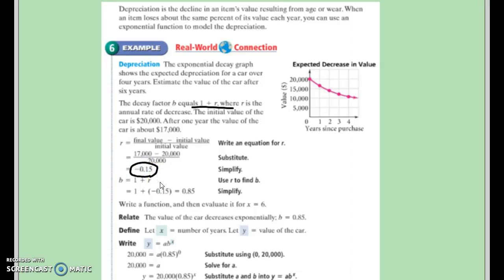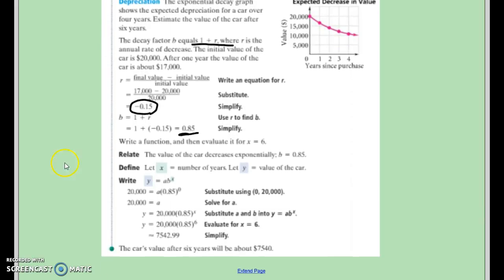And to find a decay factor, just how we found the growth factor in our previous lesson, it's 1 plus r. So my 1 plus r will give me a 0.85. This is what I'm using to write my function. So I know that it decreases exponentially by this much each year.